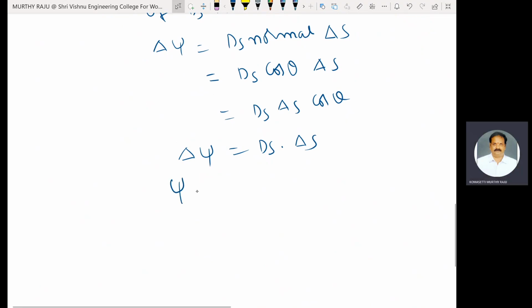Therefore, psi is equal to the integral over the entire closed surface of d psi, which is D_s dot dS over the entire closed surface.